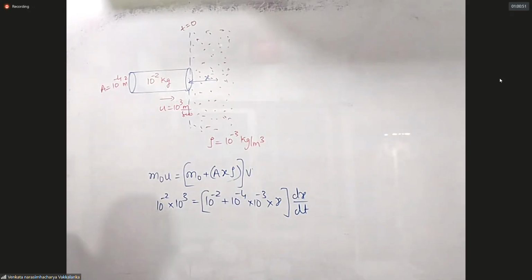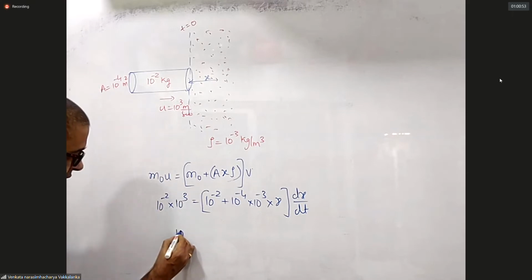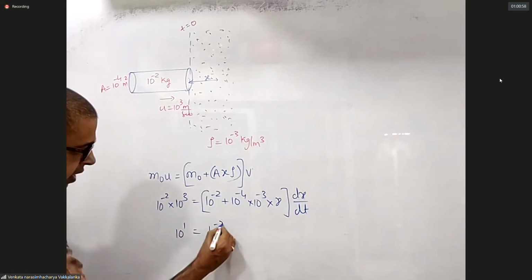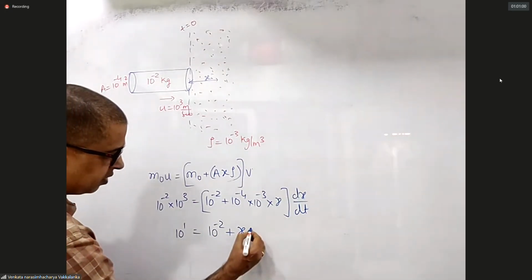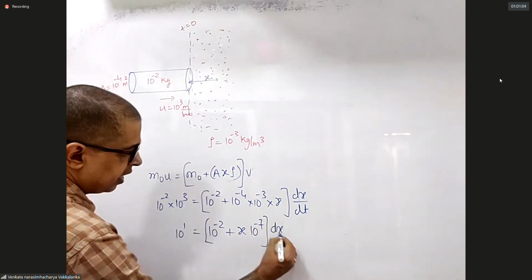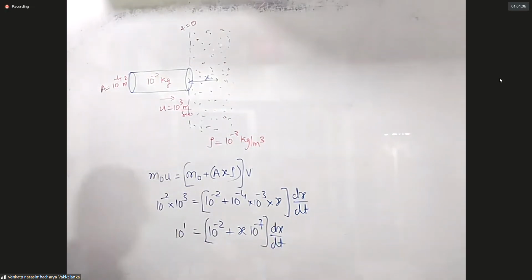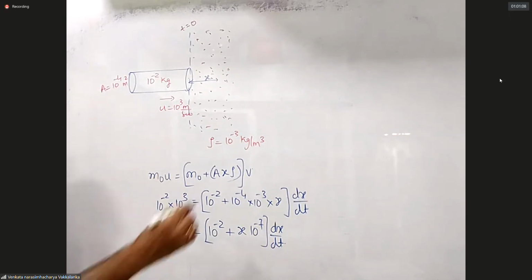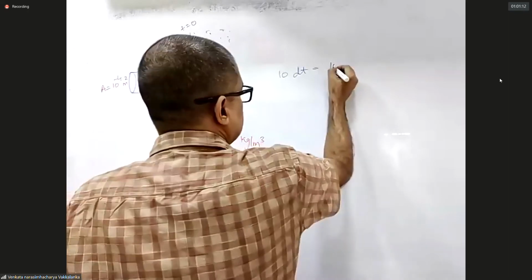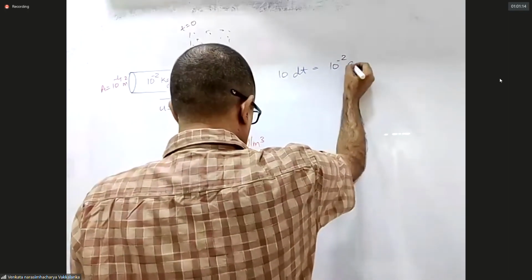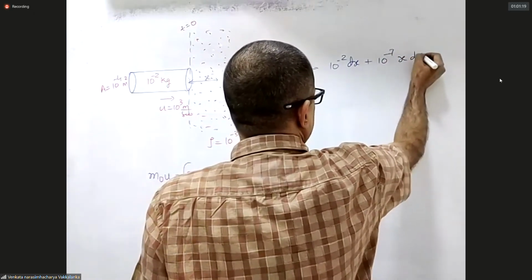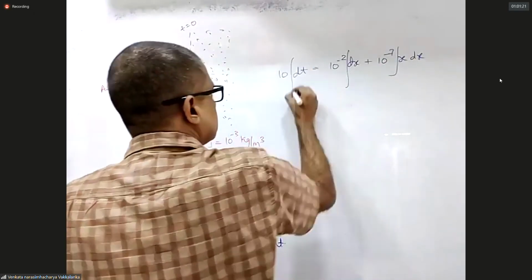Yes sir. Now this is 10 raised to 1 equals 10 raised to minus 2 plus x into 10 raised to minus 7 into dx by dt. Bring dt to the right and integrate: 10 dt equals 10 raised to minus 2 into dx plus 10 raised to minus 7 into x dx.